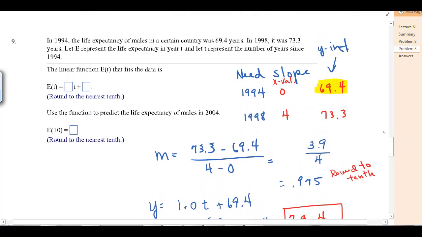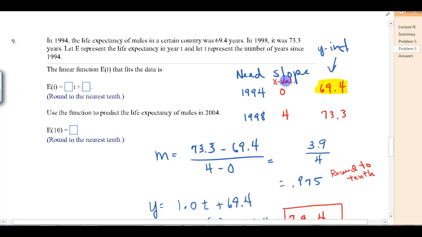All right. In 1994, the life expectancy of males in a certain country was 69.4. In 1998, it was 73.3. E represents the life expectancy in year t, and let t represent the number of years since 1994. Since 1994 is important. So we need to figure out the slope, and we're given essentially 2 points. 1994 was 69.4, and 1998 it was 73.3.